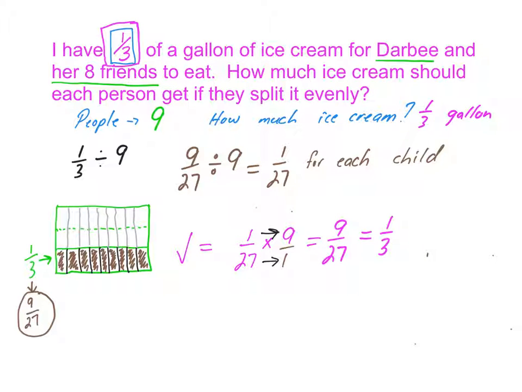The reason that worked out nicely is that 1/3 divided by 9 seemed a little tricky, but when we rewrote it as 9/27 divided by 9, it was easier because you can divide 9/27 quite simply into 9 equal groups, which is how we got that 1/27. So our picture helps us find an equivalent fraction that we can then easily divide up to figure out our answer. I hope this helps.